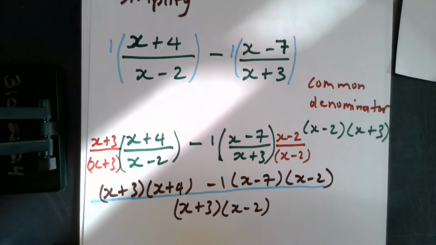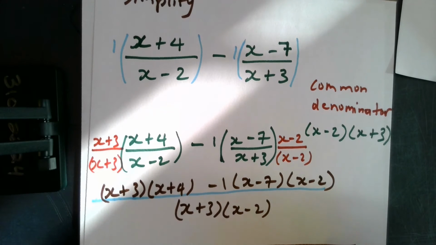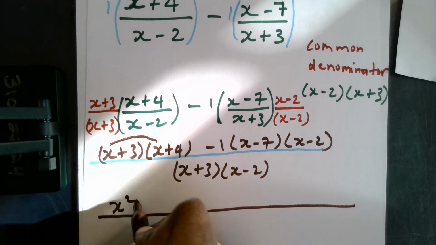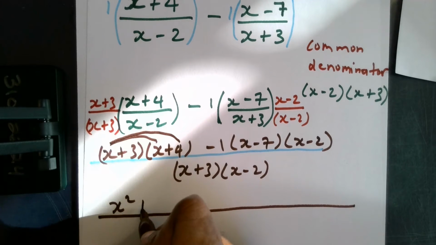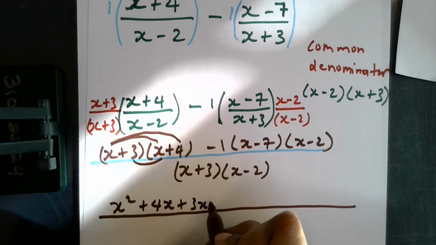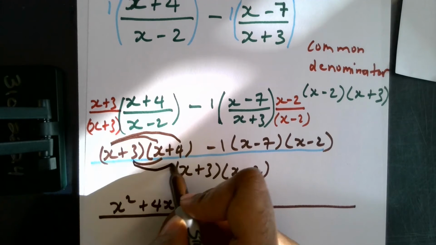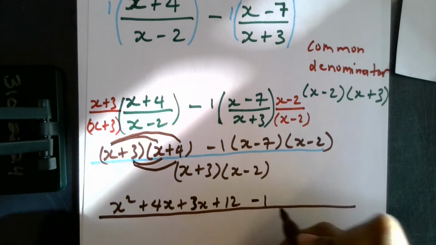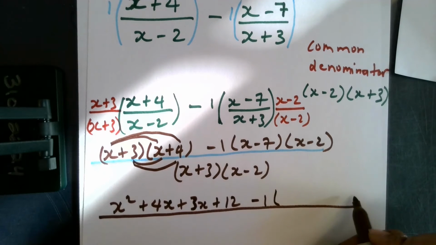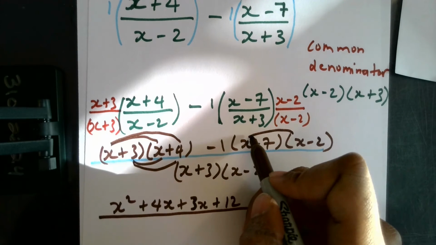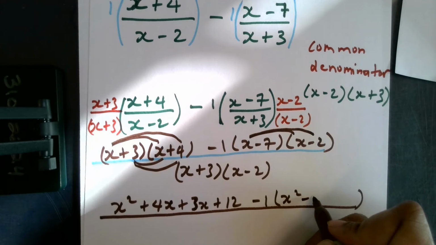I'm going to multiply these two. So x times x is x squared, right? x times 4, that is 4x. 3 times x, that is 3x. 3 times 4, that is 12. Negative 1, I'm going to keep that. x times x, that is x squared. x times negative 2, negative 2x.